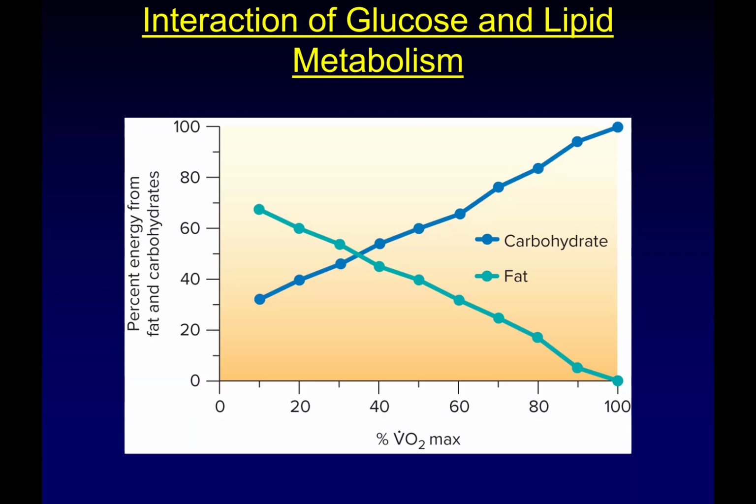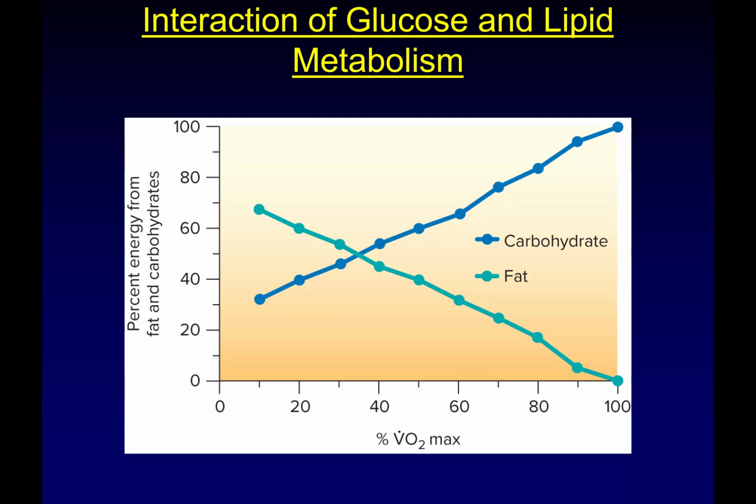At lower intensities, like rest, walking, things like that, you will likely be able to derive a larger percentage of your calories that are being expended, or the ATP that you're making in aerobic metabolism, from fat.